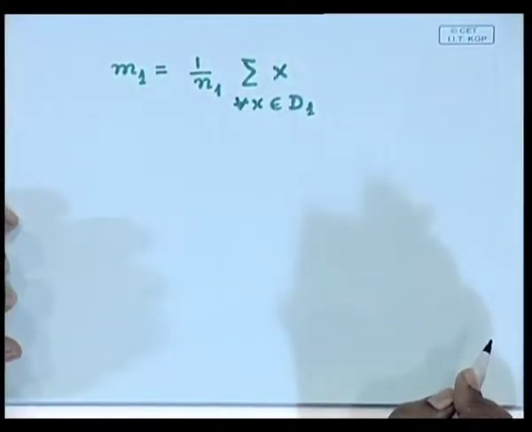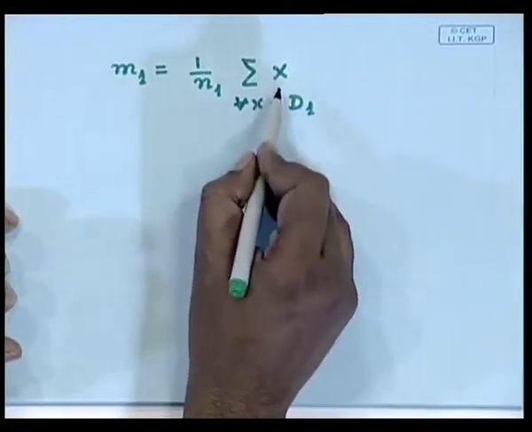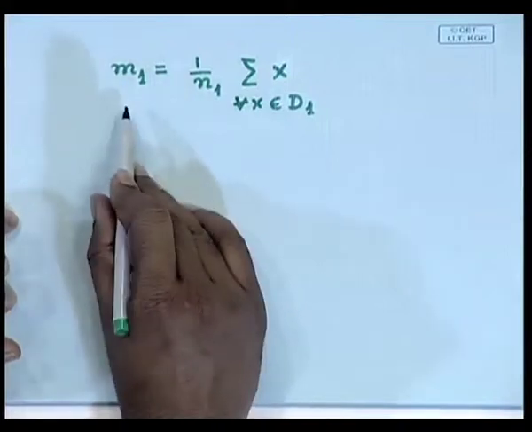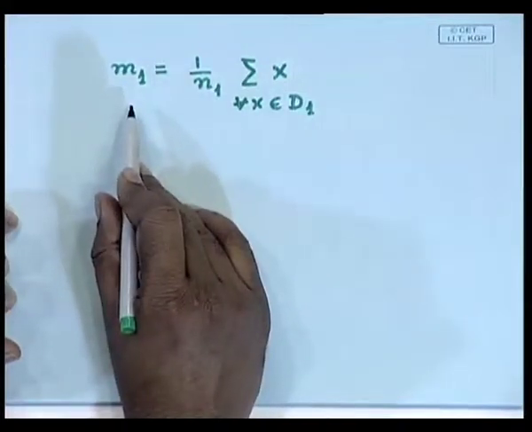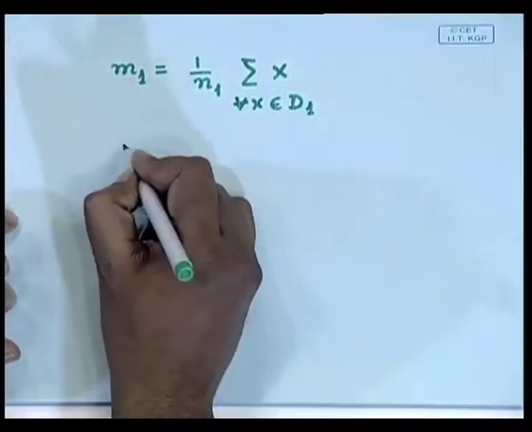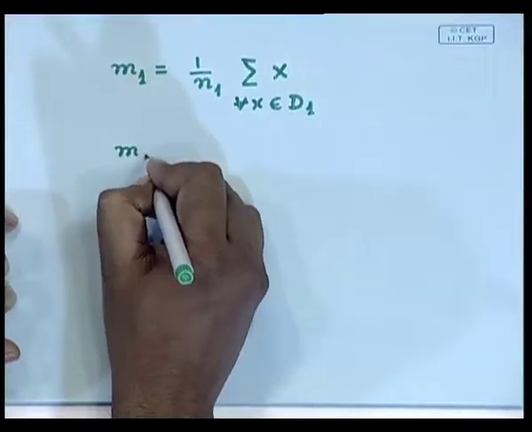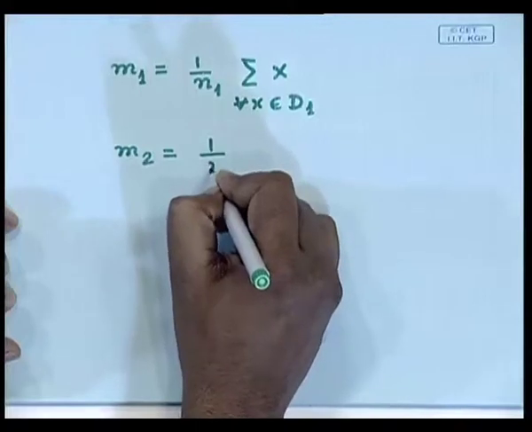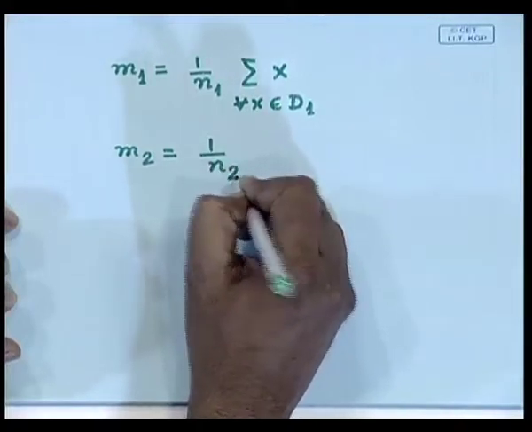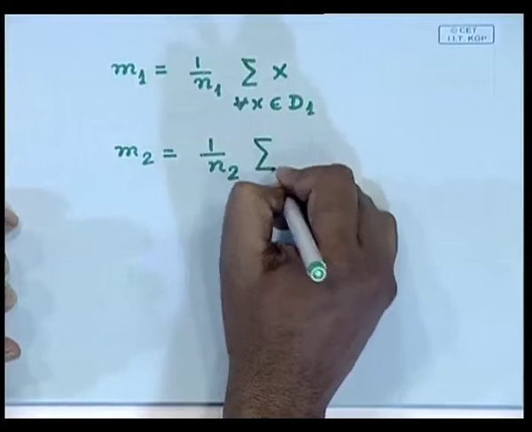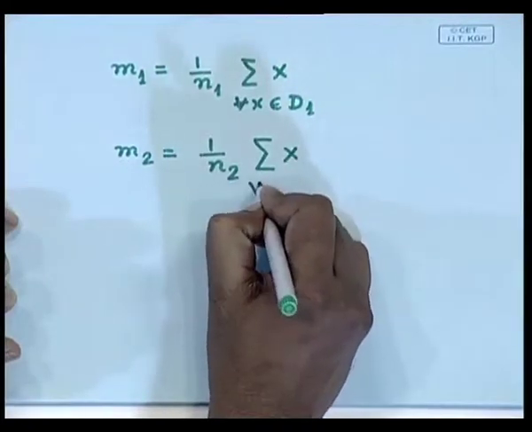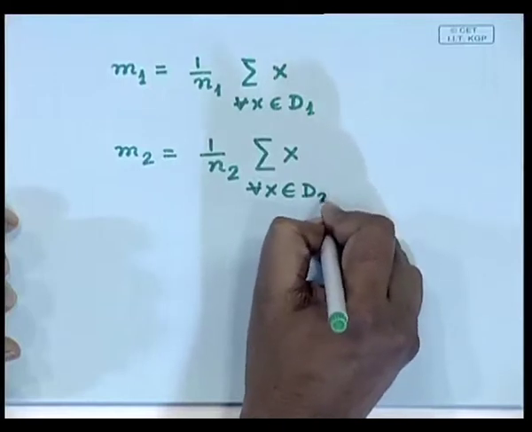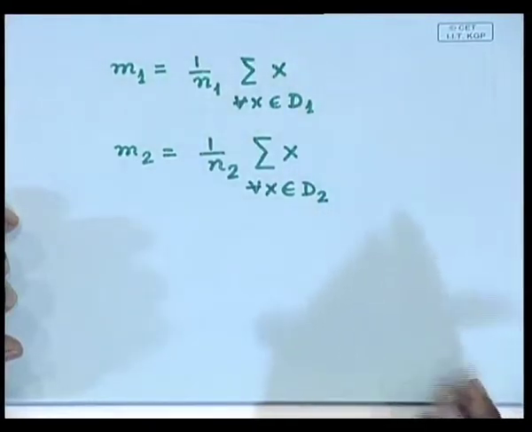I take all the samples from set D 1 and the average gives me the mean M 1. Similarly, M 2 is 1 upon N 2 summation of x for all x in set D 2. Is that okay?